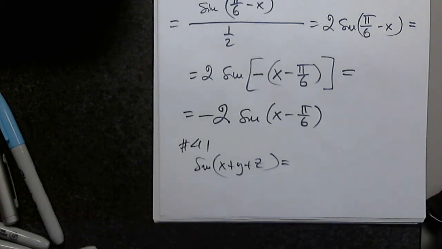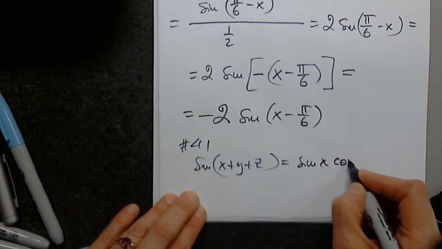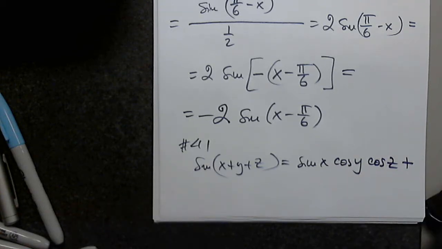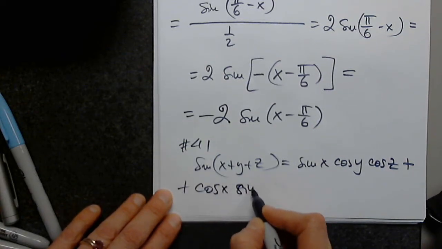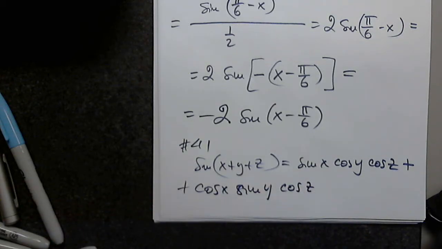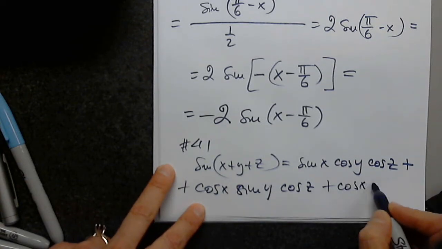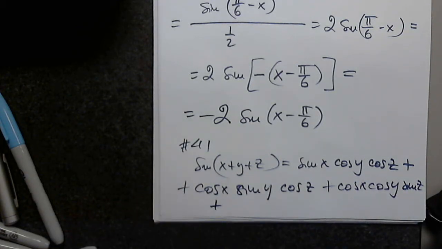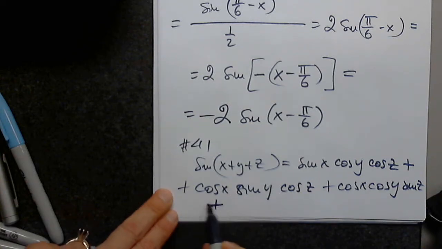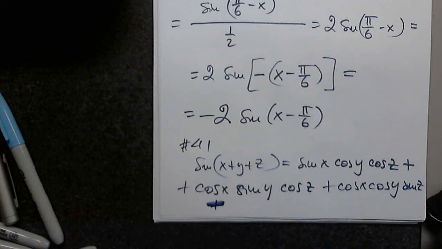And they say that equals sine x cosine y cosine z, plus cosine x sine y cosine z, plus cosine x cosine y sine z, it's minus, sorry, minus sine x sine y sine z.